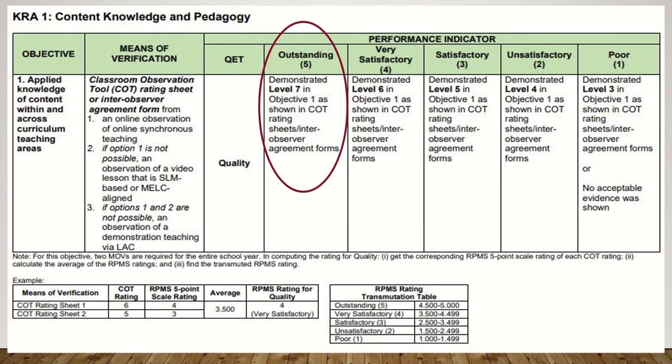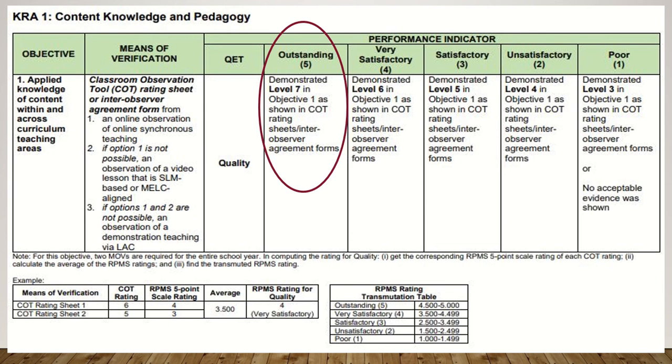We have the Classroom Observation Tool, or the COT, rating sheet or inter-observer agreement form from an online observation of online synchronous teaching. 2. If option 1 is not possible, an observation of a video lesson that is SLM based or MELC aligned. And 3. If options 1 and 2 are not possible, an observation of a demonstration teaching via Learning Action Cell, or LAC.